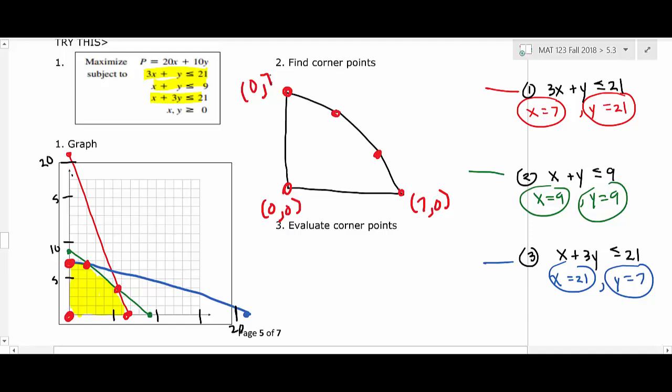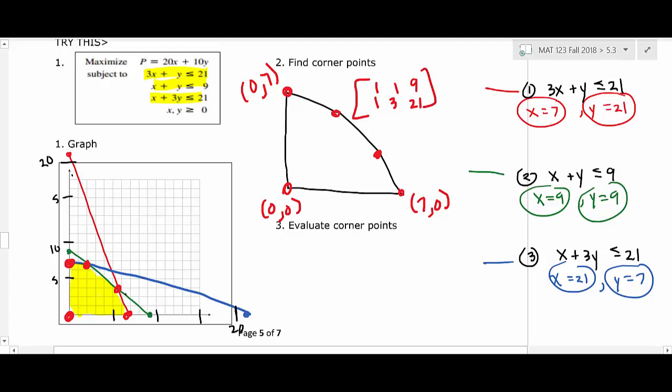So that's 0, 7. Now what you have to do is use matrices on this. This is the reason why I'm color coding it, so you can put this together. This one right here is the intersection of the green with the blue. So the matrix on this would be 1, 1, 9, 1, 3, 21. That would be how you get that corner point.